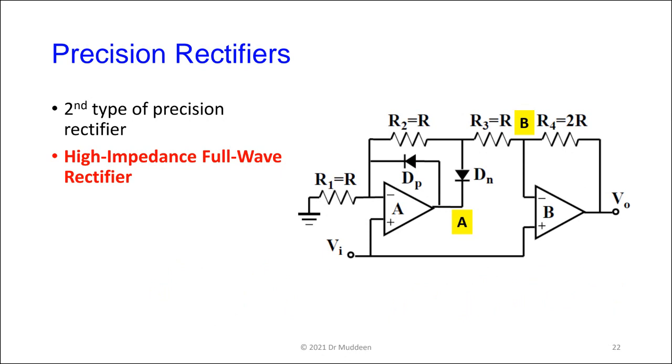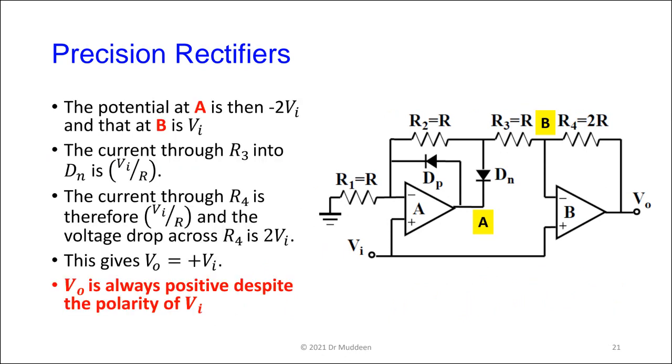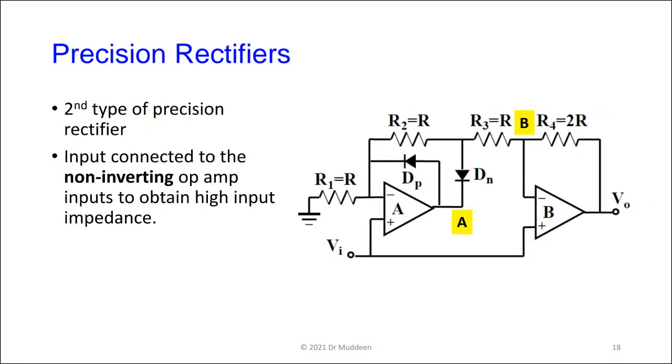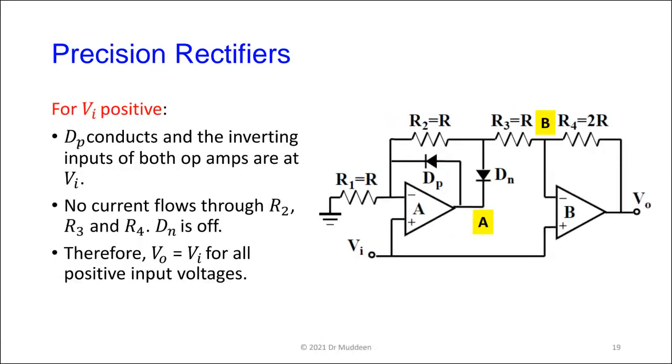Okay, so you understand the first part, for Vn positive. For Vn positive, dp is conducting and dn is out.